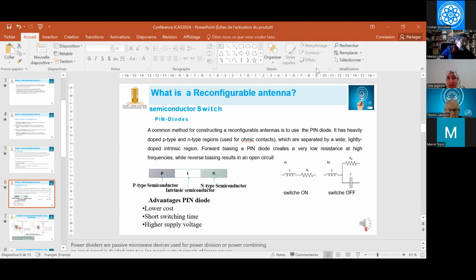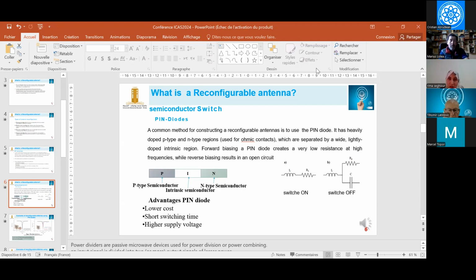We take semiconductor switches like a pin diode, which is used to obtain a frequency reconfigurable antenna. The forward bias in a pin diode creates a very low resistance at a high frequency, while reverse bias results in the open circuit.